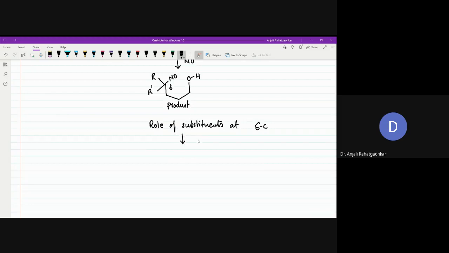Now let us see the role of substituents, meaning R and R dash. So in the first case, R is equal to H and R dash is equal to CH3.